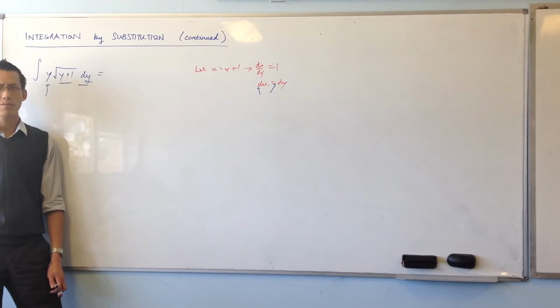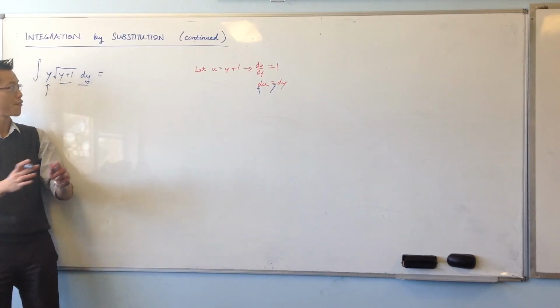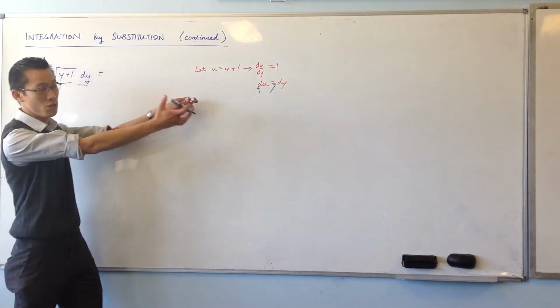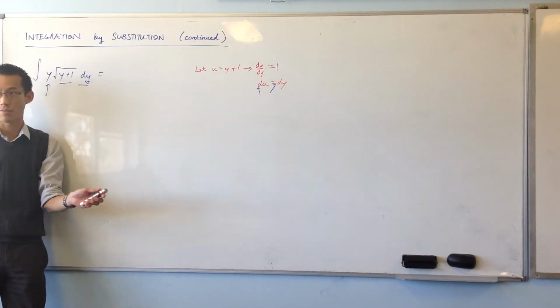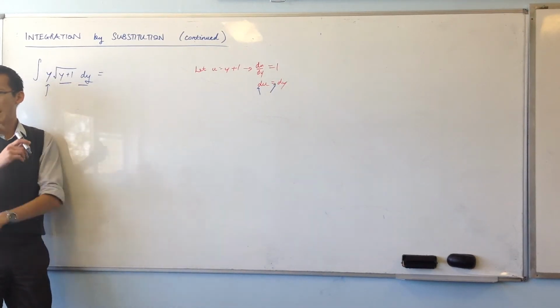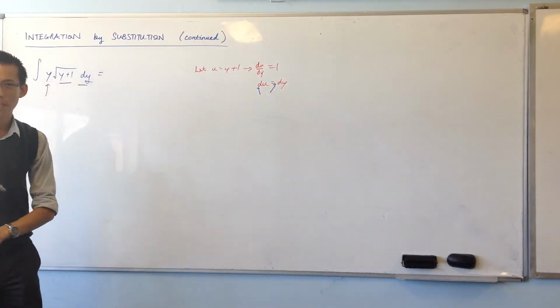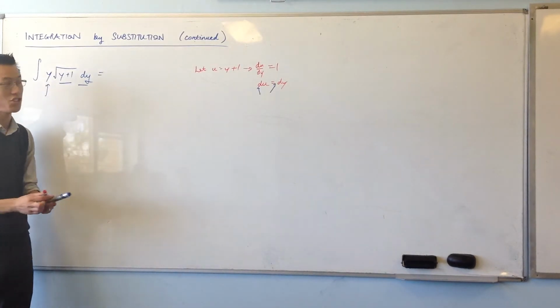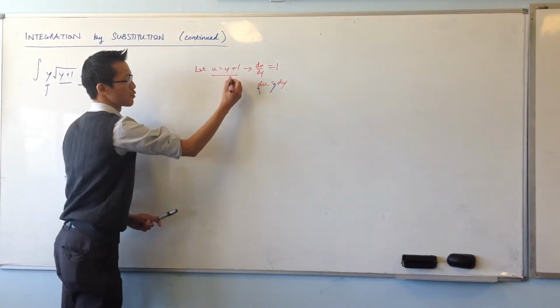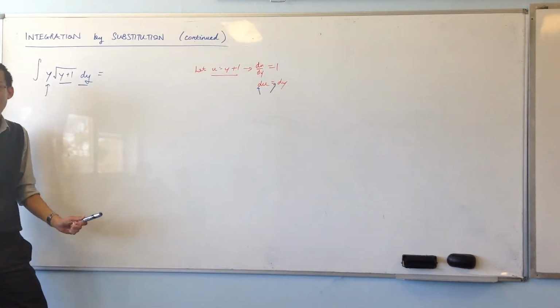So how do we get rid of the y this time? Because we can't have part y's and part u's. We've got to change the whole question from one into another. So how do I get rid of this y here out the front? Yeah, good. So there's a more fundamental relationship here. You come back to the original substitution you made, and it already has a y in it.